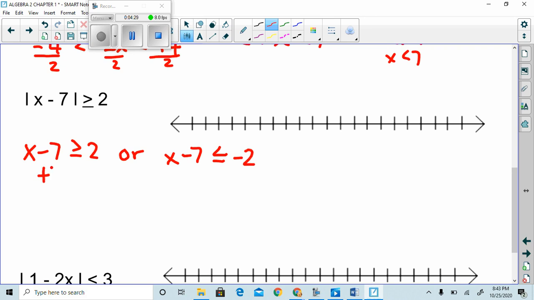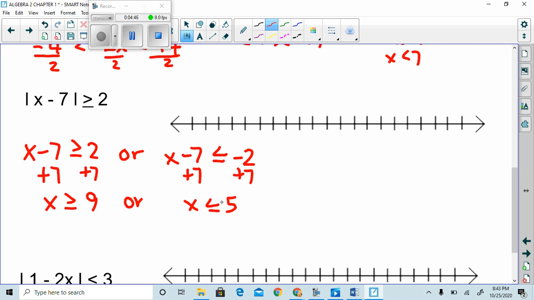Let's add 7 to both sides. This is a one-step. X is greater than or equal to 9, or let's add 7 again. X is less than or equal to 5.